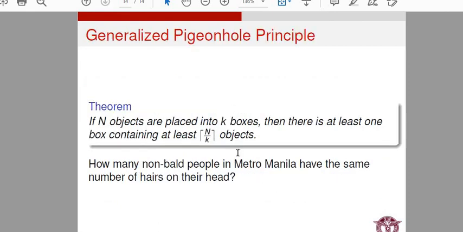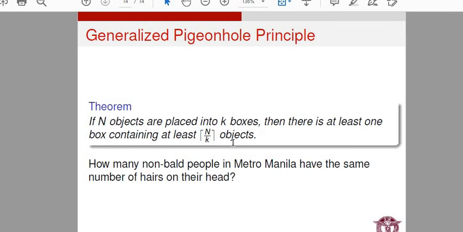This one is the generalized pigeonhole principle. If n objects are placed into k boxes, then there is at least one box containing at least n divided by k objects, right? Suppose we have 10 objects and 5 boxes.